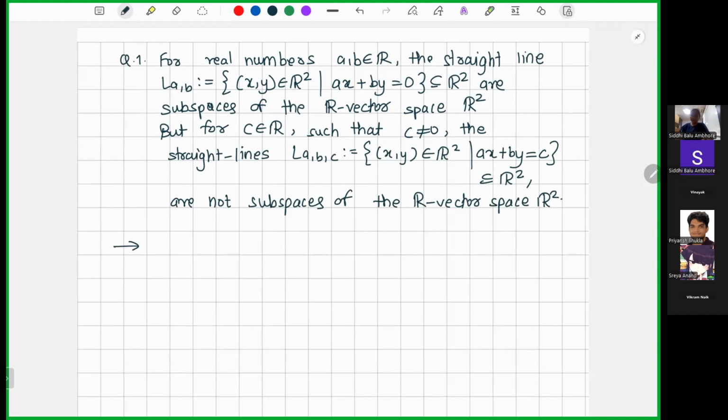So let us recall the definition of subspace, what subspace means.